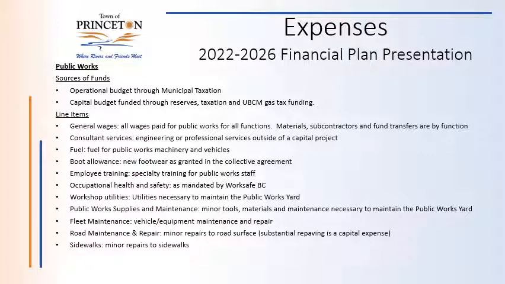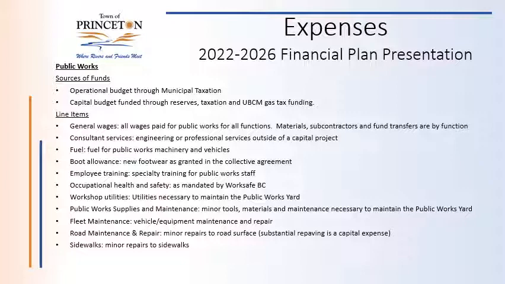Public Works. Public Works is most likely our biggest spender of funds. It is our biggest spender of funds. It spends for our operational budget usually between 25 and 40% of our municipal budget each year.